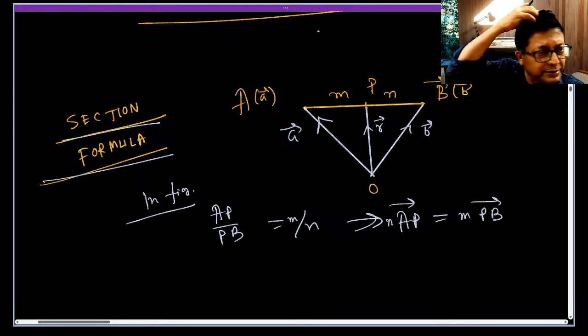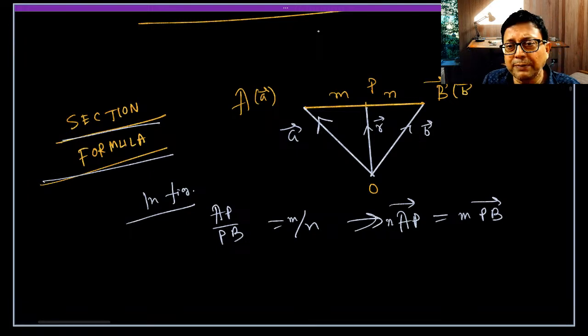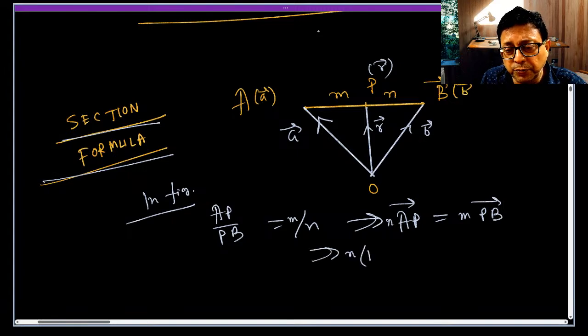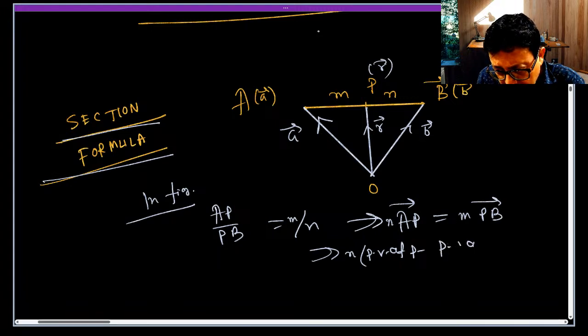You should agree with me. Now AP vector is what? Position vector of P we have taken as R. So N into position vector of P minus position vector of A.